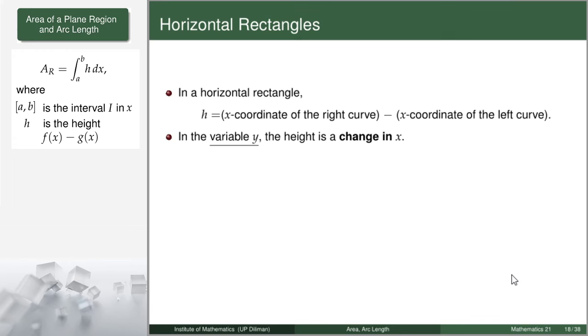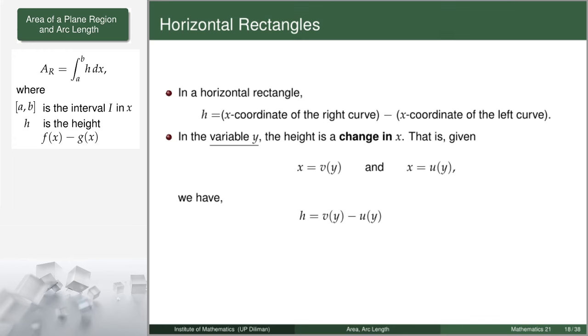So if you're going to be using the variable y, the height will be a change in the x-coordinate, just like we have seen here. And that will mean that when you isolate x in, for example, the right curve to be x equal to v of y, and the isolation of x in the left curve is x equal to u of y, then that will mean that h is just v of y minus u of y.